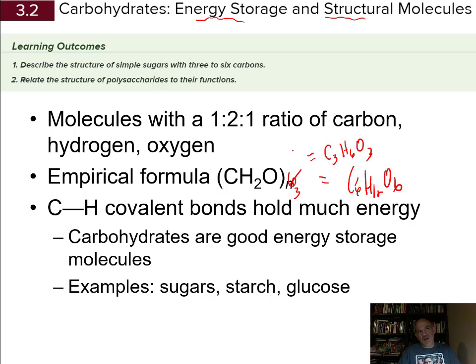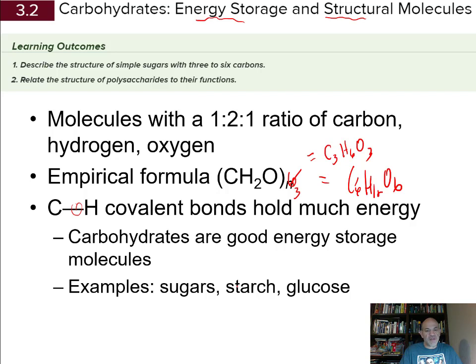Now, a lot of carbohydrates as an energy molecule, the energy is tied up in the electrons associated with the carbon-hydrogen bond. So anytime you have a carbon organic molecule with a lot of hydrogen, that's where the energy is. It's going to be in the hydrogen that has the electrons that it brings to the relationship. So that's the idea there.